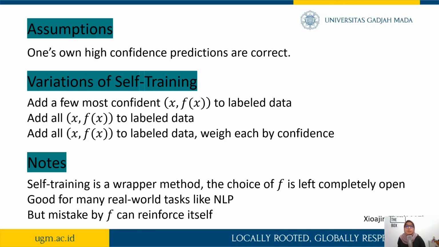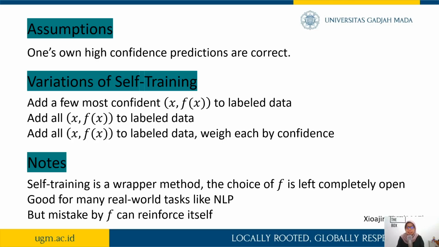We can add a few of the most confident (x, f(x)) to the labeled data, or add all the predictions f(x) from the unlabeled data to the labeled data, or add all the predictions but weight each by confidence.